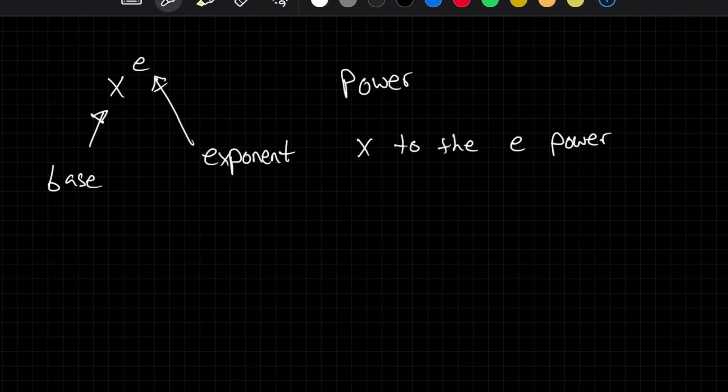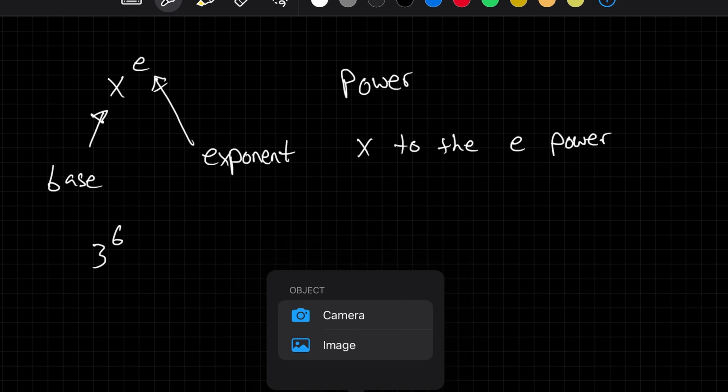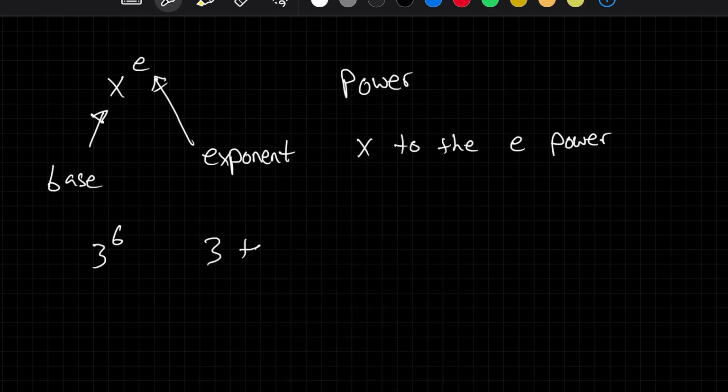So if we said 3 to the 6th power, and I should use all text, 3 to the 6th power, that's how you would write that in text. So what does this mean? What is 3 to the 6th power?